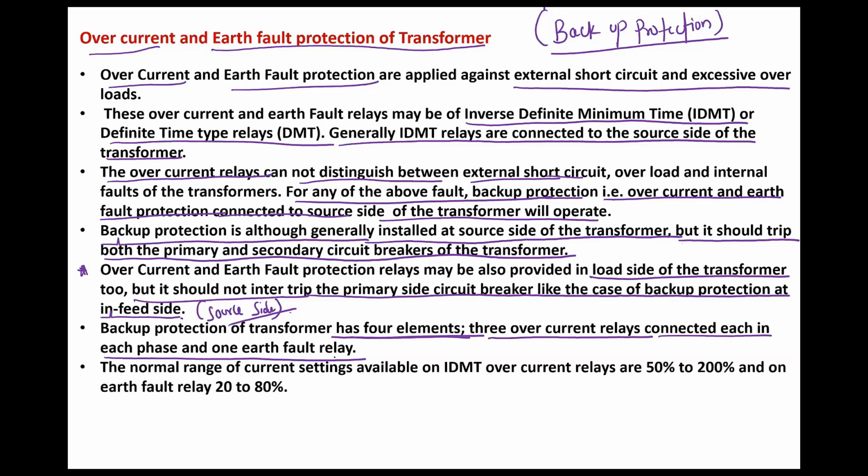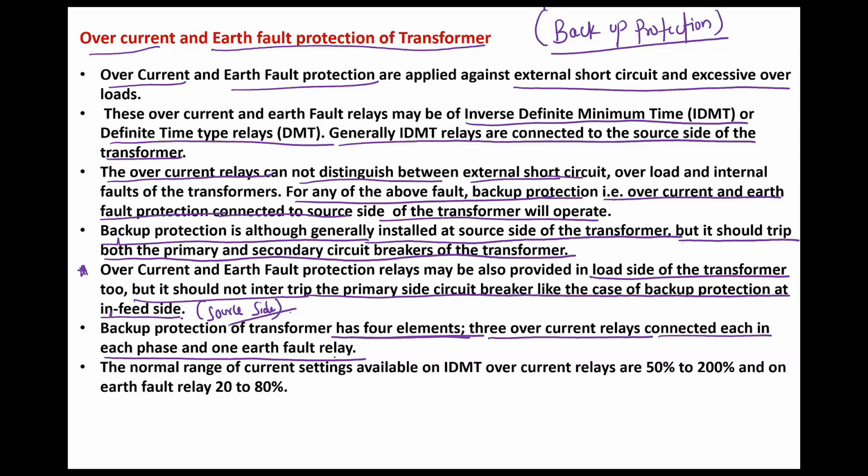The third point is that if the fault occurs on the source side, then both the source side circuit breaker and the load side circuit breaker of the transformer should trip. Understand? The fourth point is that if the fault occurs on the load side of the transformer, then only the load side circuit breaker should trip, but the source side circuit breaker should not trip.